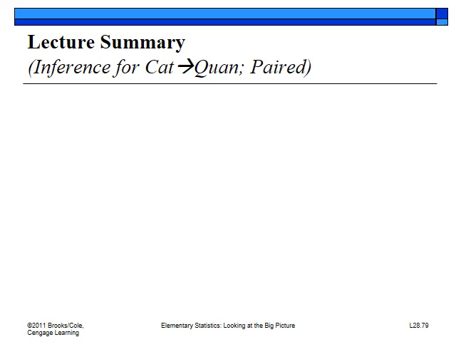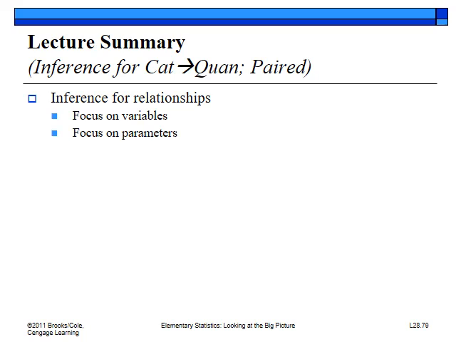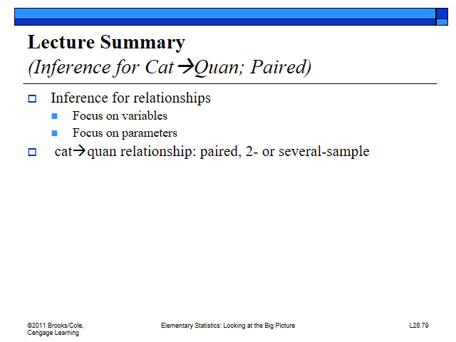To sum up, in this lecture, we talked about inference for relationships between two variables. We looked at the variables in particular, as well as the parameters related to the variables. We looked at the relationship between categorical and quantitative variables. We reviewed the 3 different possible designs: paired, 2-sample, and several sample.